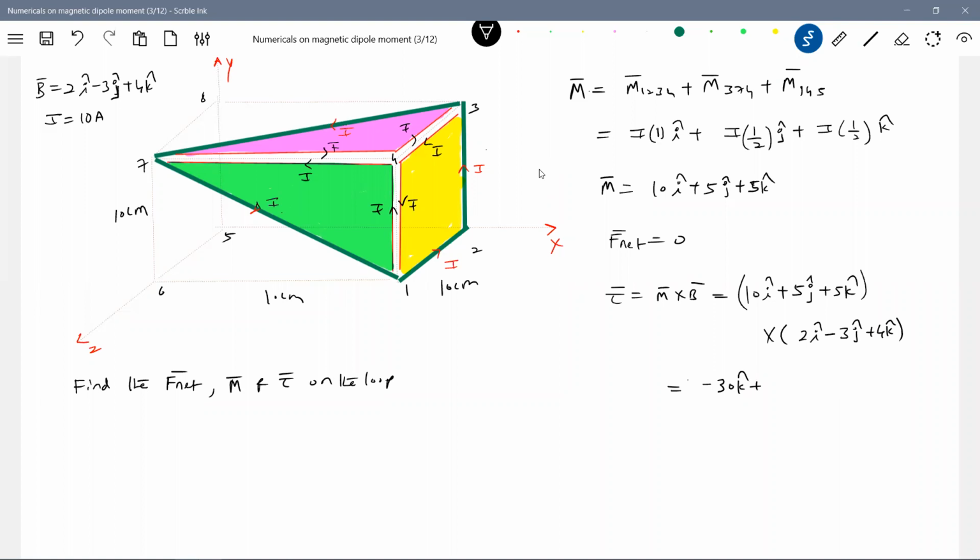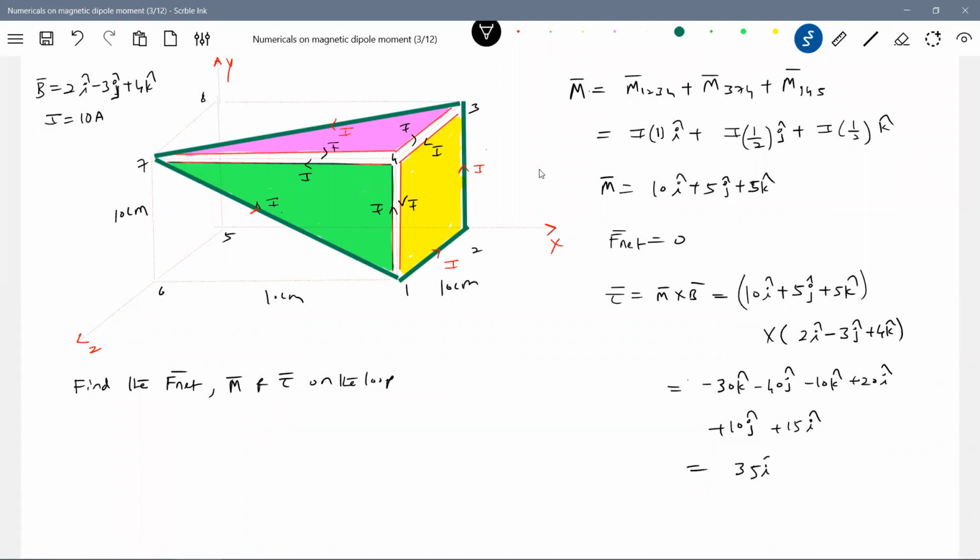I cross K will be minus J, minus 40J cap. J cross I will be minus K, minus 10K cap. J cross K will be I, 20 I cap. K cross I will be J, 10 J cap. K cross J will be minus I, so this will be 15 I cap.